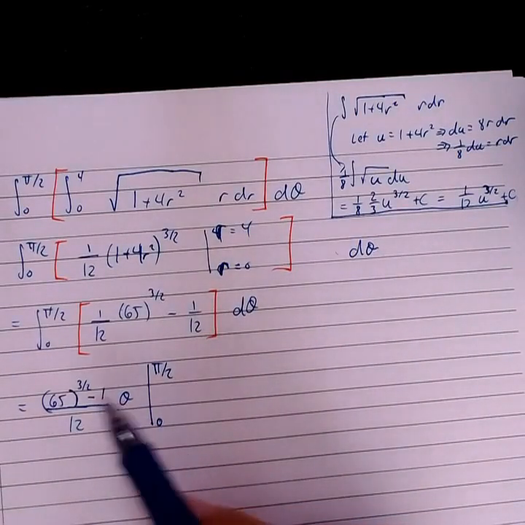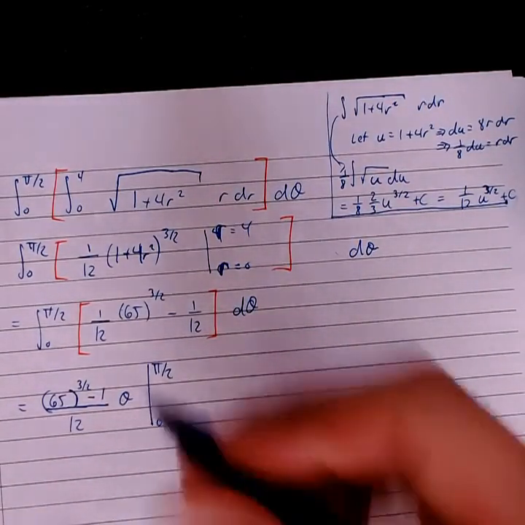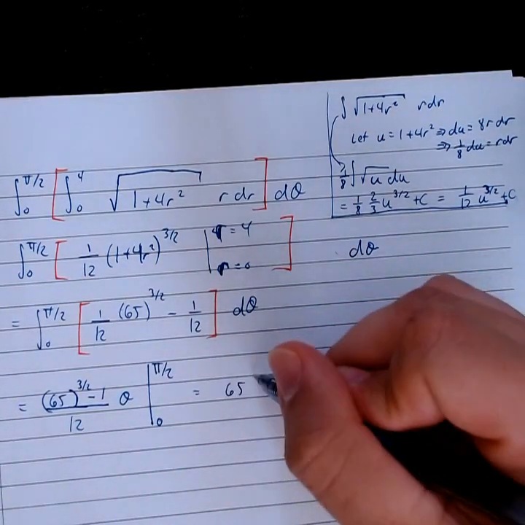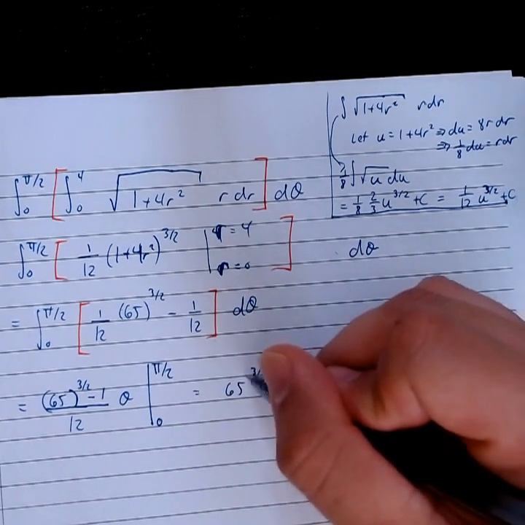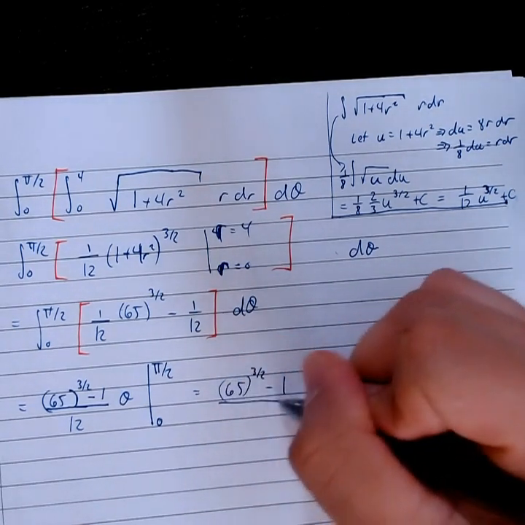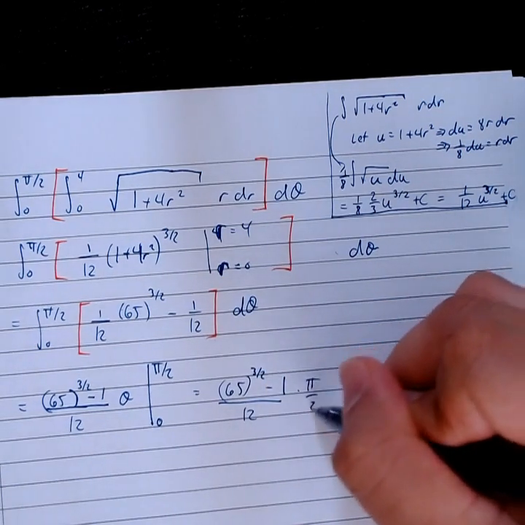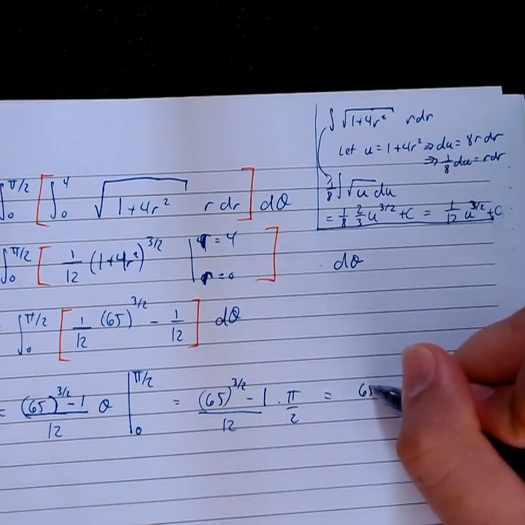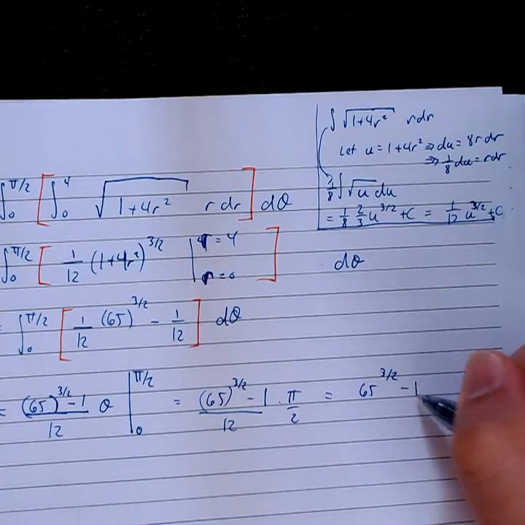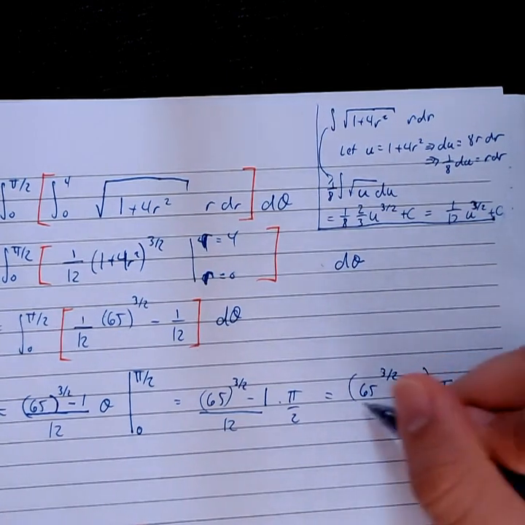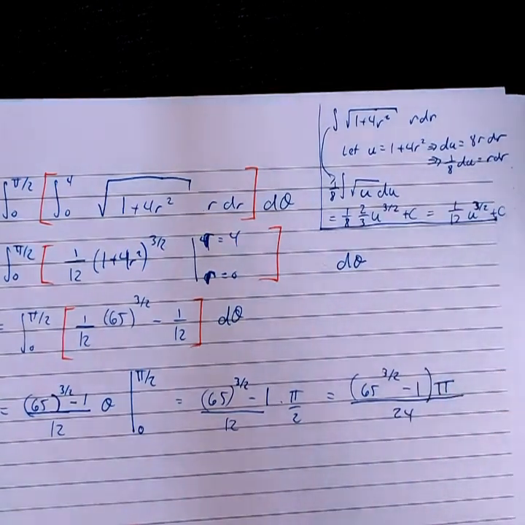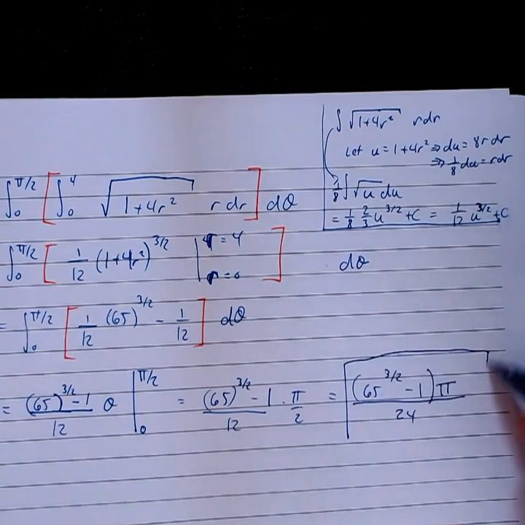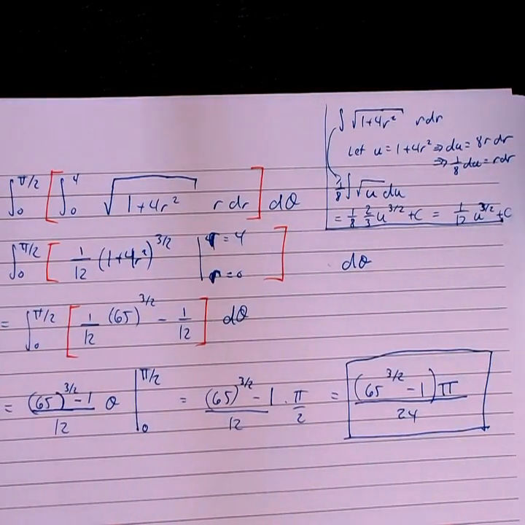Let's see here. If I plug in 0, the whole thing is 0, so who cares about that one? In the end, all we need to do is worry about plugging in pi over 2. So this will give me 65 raised to the 3/2 power minus 1 over 12 times pi over 2 for a grand total of, let's see, 65 to the 3/2 power minus 1 times pi over 24, which is only slightly painful compared to what might have otherwise happened if we had left everything in rectangular.